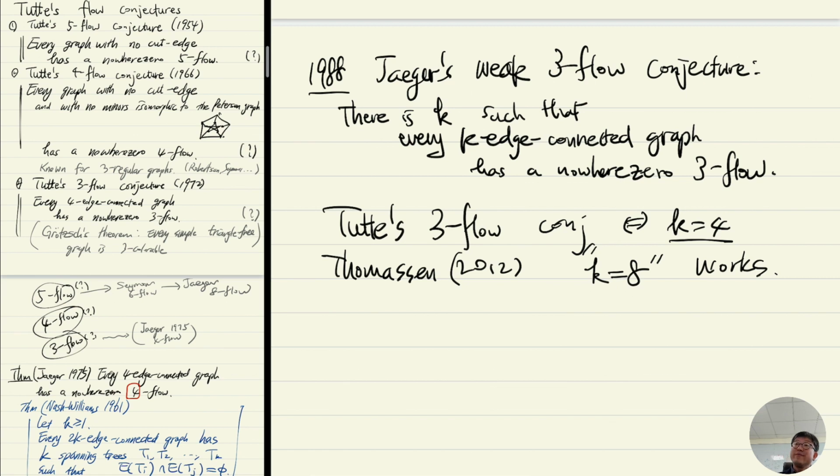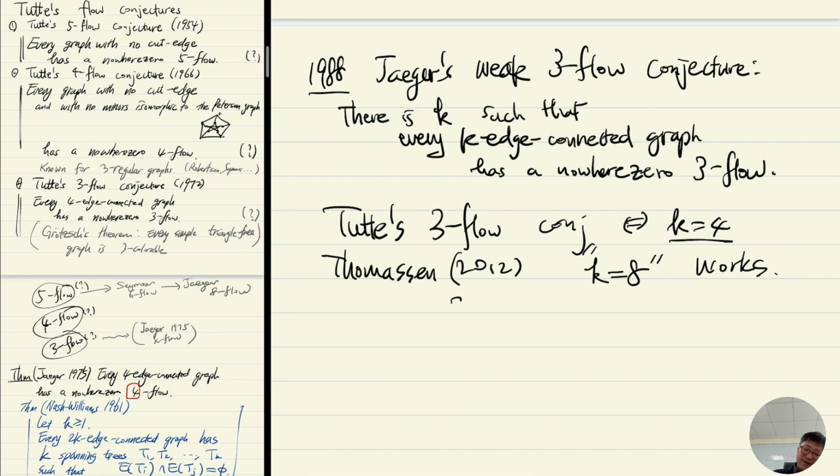That was surprising. A few years ago, in this course, I covered the proof of Thomassen's theorem. It took a full 1.5 hours, so this semester I'm not going to cover it. But the proof is actually readable. If you read Carsten's paper, published in 2012, you can follow the proof.